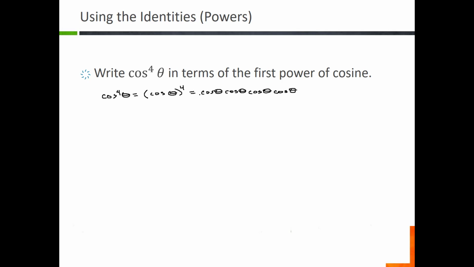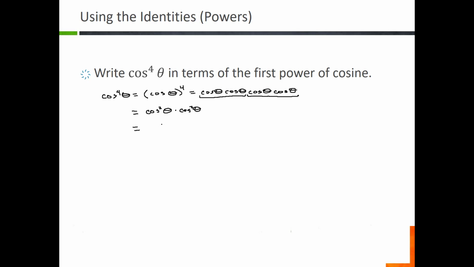So to do that, we want to use our reduction identity, which requires us to have a cosine squared. So if we look at the first two, if we group these as one cosine times cosine and another cosine times cosine, each of those becomes a cosine squared. So we have cosine squared times another cosine squared. So squared times squared gives you to the fourth. This is where our reduction identity comes into play.